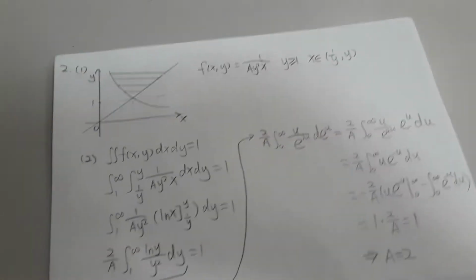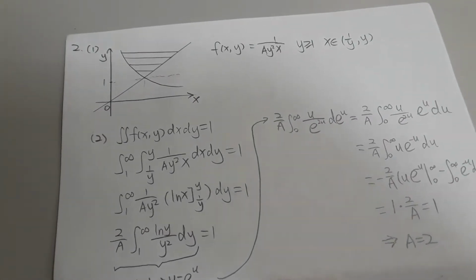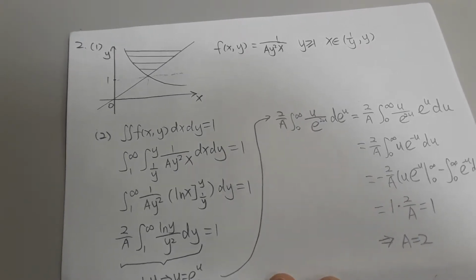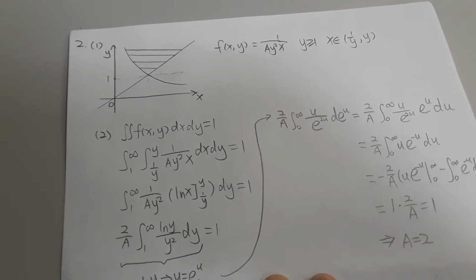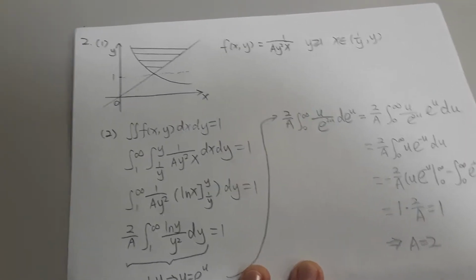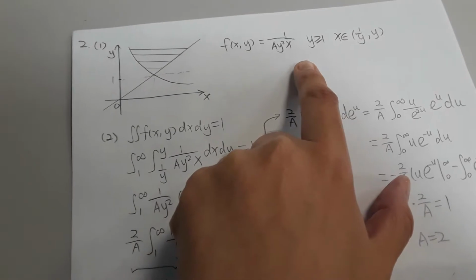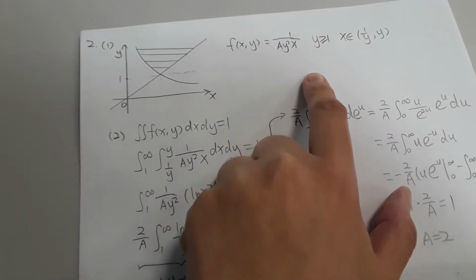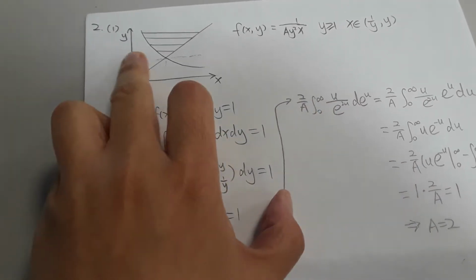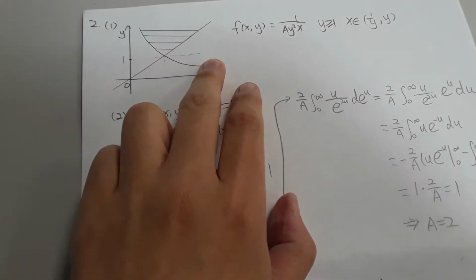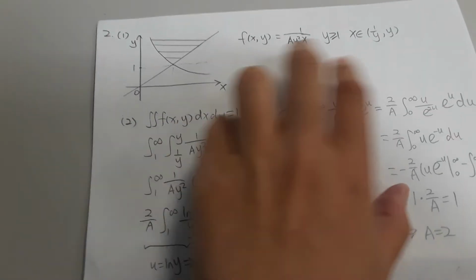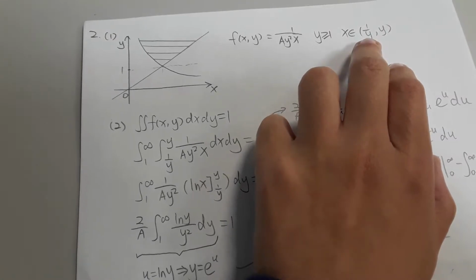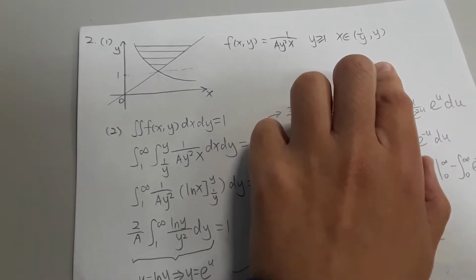For the first question, we should draw the non-zero definition region of f(x,y). Then we will use some baselines. Since y is larger than 1, our baseline could be y equals 1. And x is ranging from 1 over y to y.